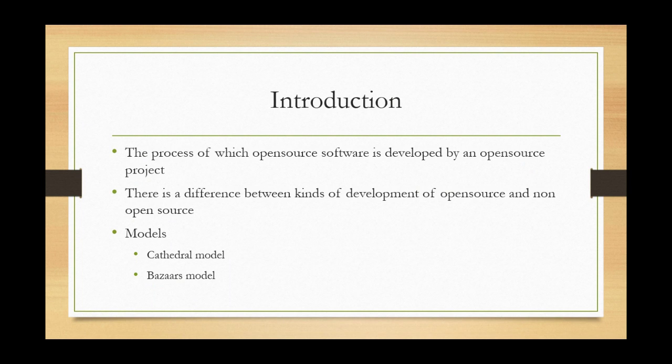But we have another model in which the code being developed is over the internet and is viewed by the whole public. So it is open and it follows the law of Linus Torvalds, which says, given enough eyeballs, all bugs are shallow.